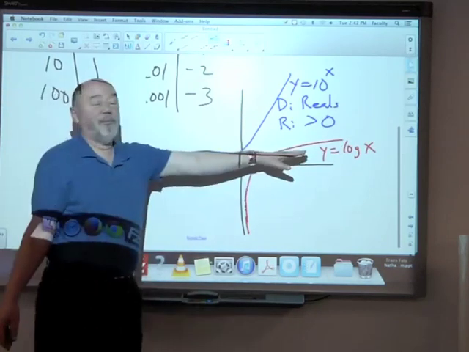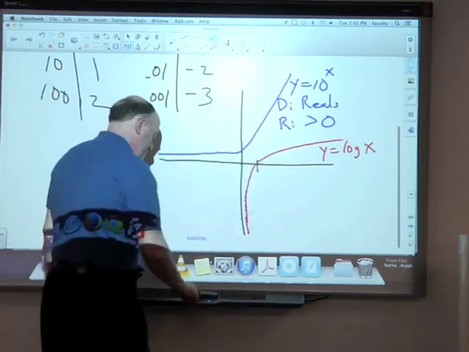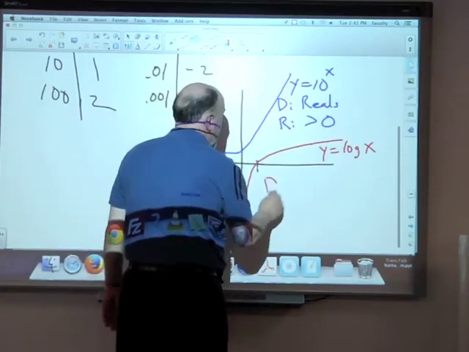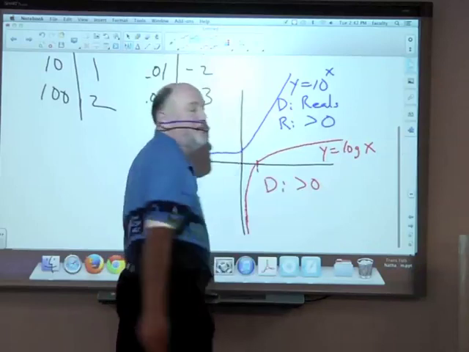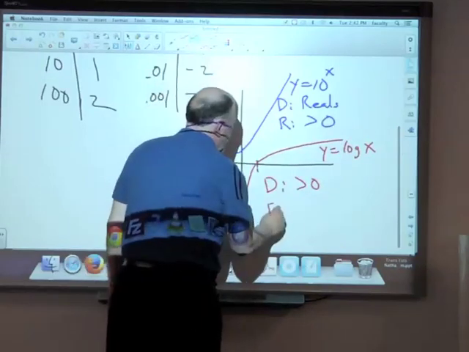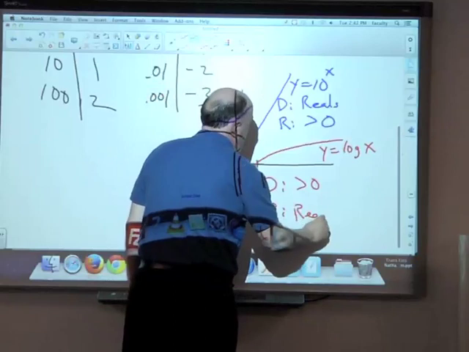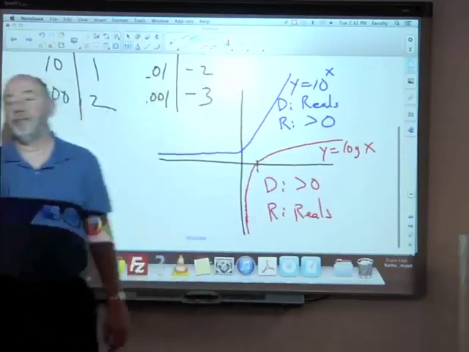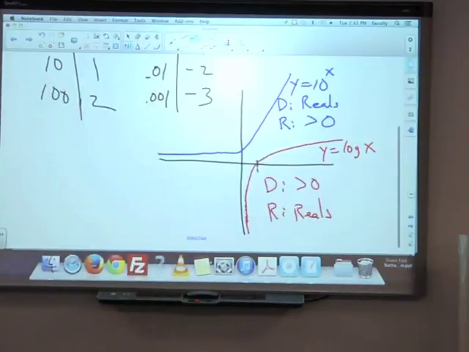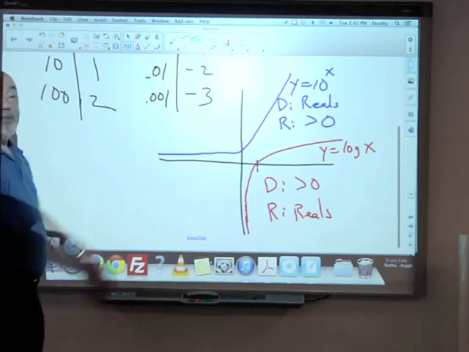When I come down here to my log function, my domain is greater than 0, and my range is all reals. They're inverses of each other. And that's one thing true about inverses, is that the domain of the one becomes the range of the other.